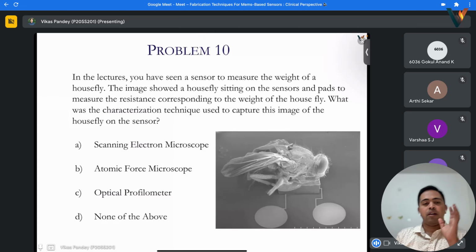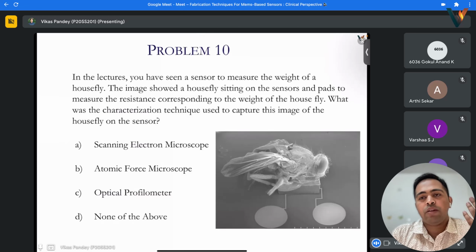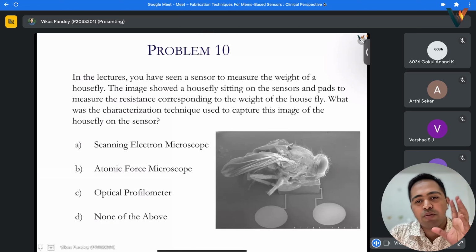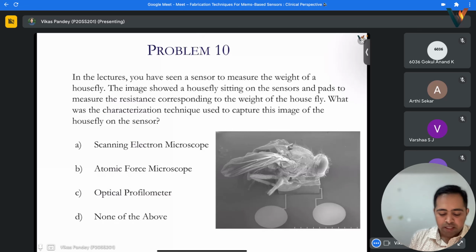I will tell how these three work, and then you tell me which one will be the best to take this image. In a scanning electron microscope, electrons are bombarded onto the object, and then they reflect back.